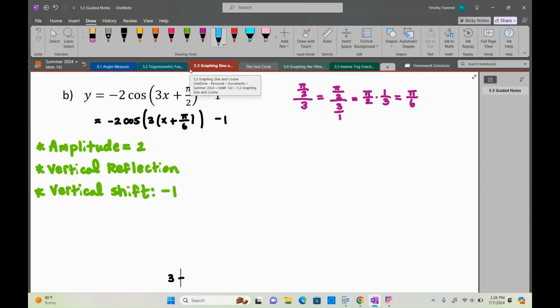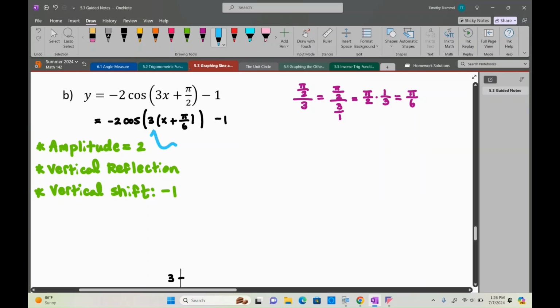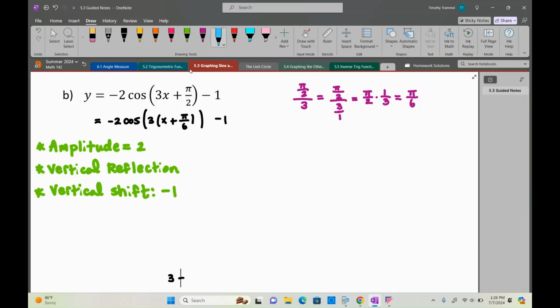shifts and compressions and potentially stretches. So this is what we call B, this number here that's in front of the X, and that's going to cause a vertical, or not a vertical, a horizontal compression.